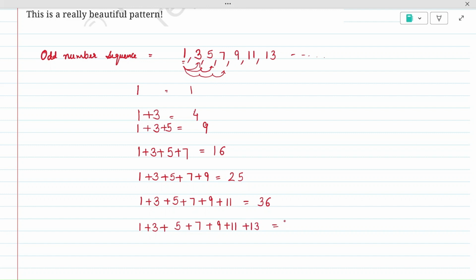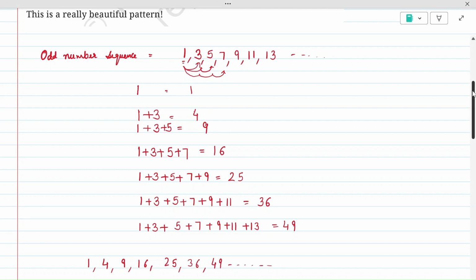It will give us 49. So we got these numbers 1, 4, 9, 16, 25, 36 and 49. So kids, if you see these numbers, I am writing them separately, 1, 4, 9, 16, 25, 36, and 49, and so on if we add more, right?